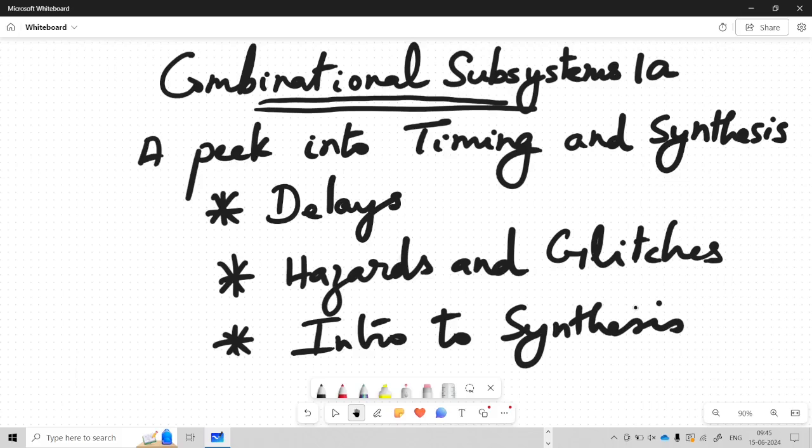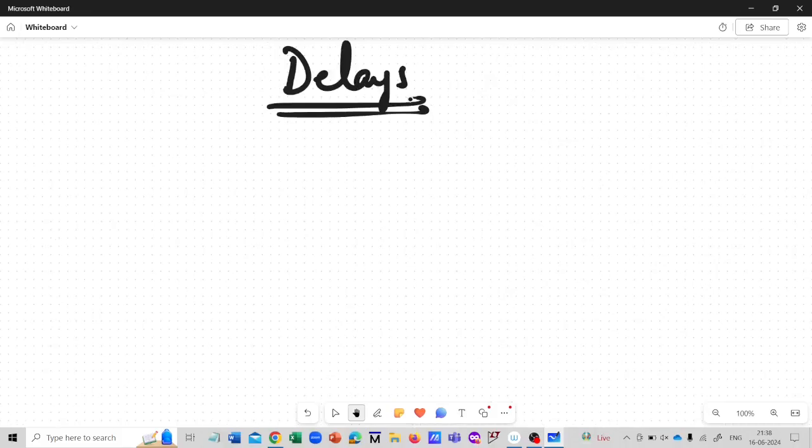Even without the presence of external noise sources like EMI, we can have noise being introduced internally, and the primary reasons are hazards. So we will briefly look at hazards and how they lead to glitchy behavior in combinational circuits. And of course, we will briefly look at synthesis in the context of combinational circuits. So that will be the agenda for this lecture. Now we will start with delays in combinational circuits.